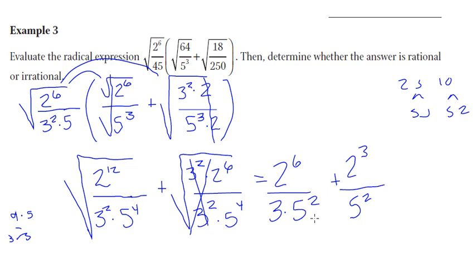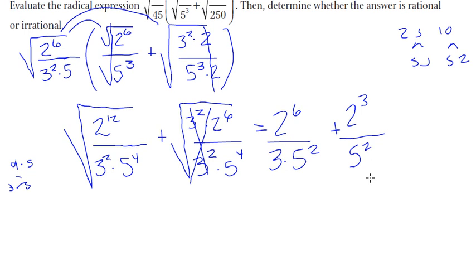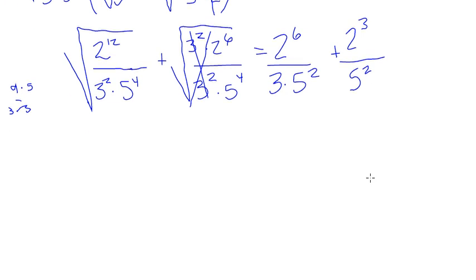Wonder if that was a mistake to simplify that. So we're going to keep going, and we are now going to be looking at, 2 to the 6th is 64 over 25 times 3, that's going to be 75, plus 2 to the 3rd, that's going to give us 8 over, that's going to be 25 there.